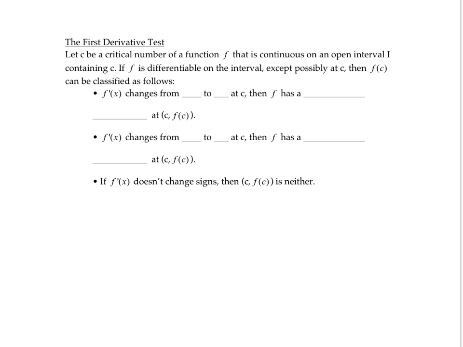So if f prime of x, your first derivative, changes from positive to negative at C, so let's say your arrows went up and down at some value c, then f has a relative maximum at c comma f of c.